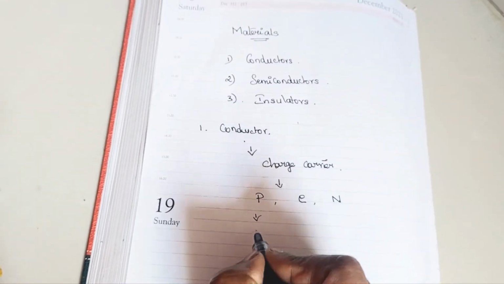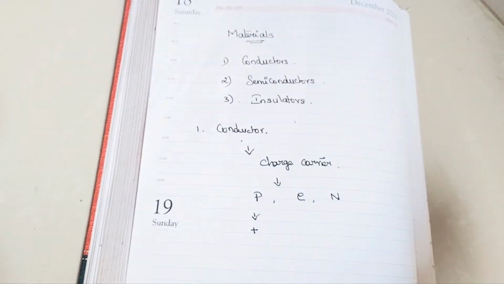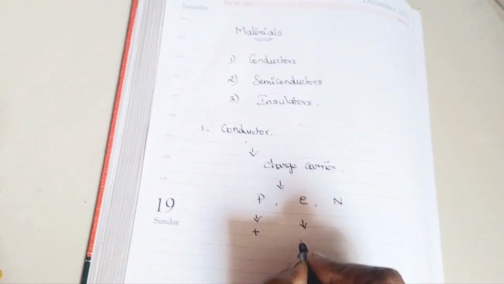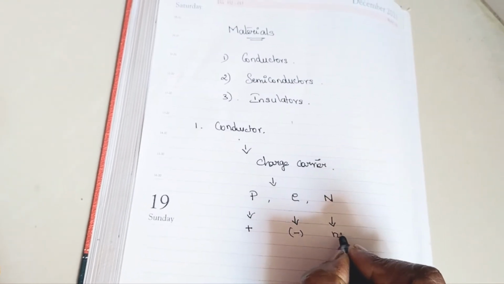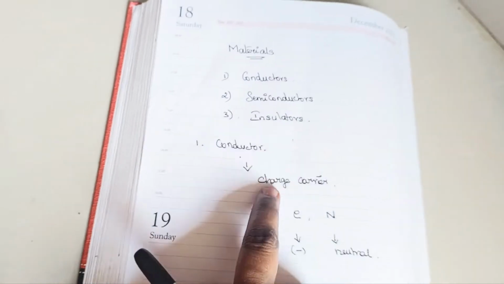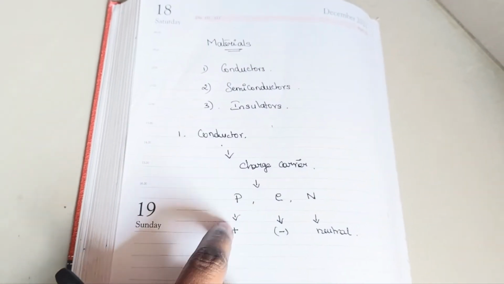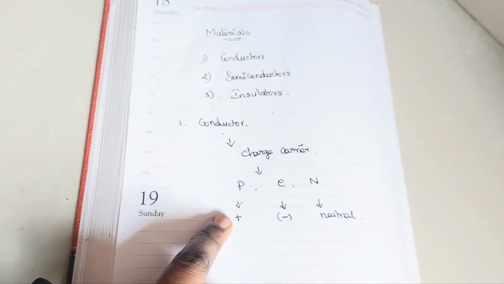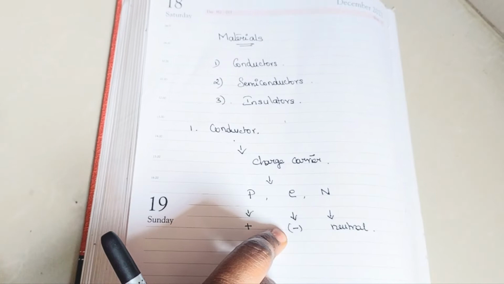Proton carries a positive charge, electron carries a negative charge and neutron is neutral. So the charge carriers are the proton, with positive charge, and the electron, with negative charge.